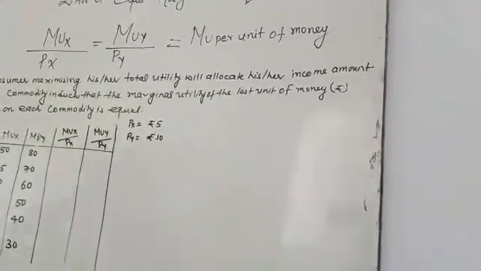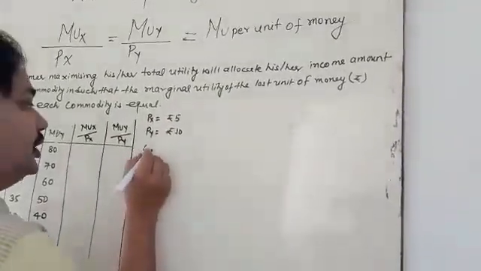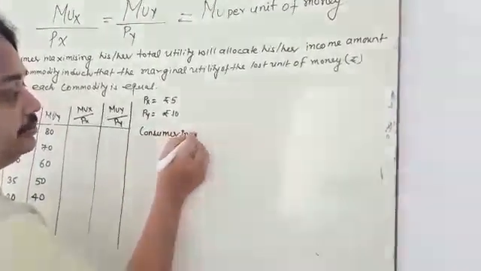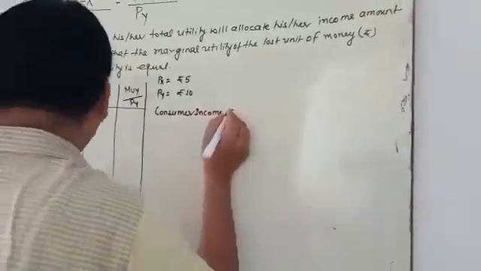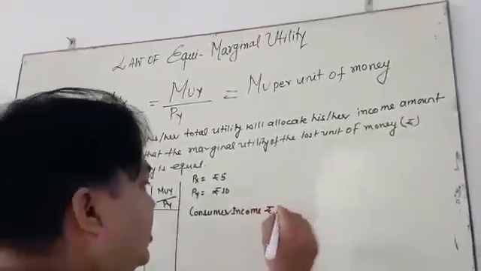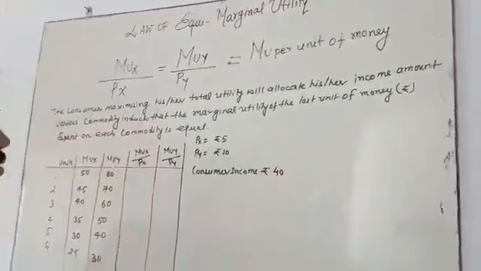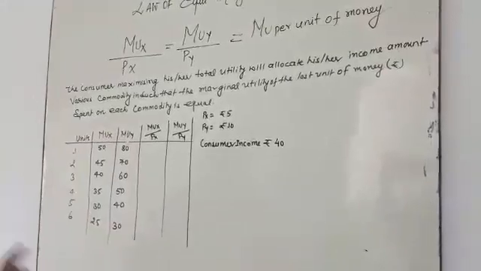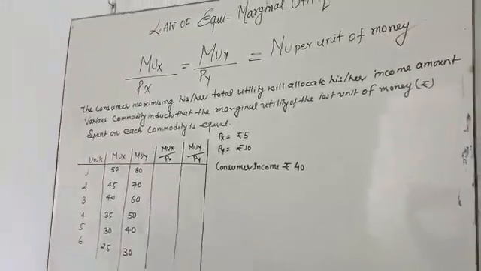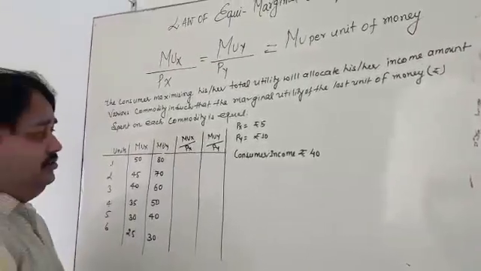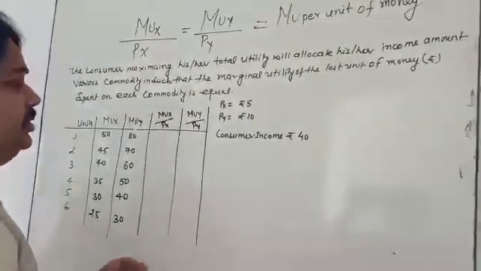And the consumer has an income, suppose 40 rupees. So the consumer is going to spend 40 rupees on two commodities, X and Y. So you can say it is allocation. What is the allocation? Simple.